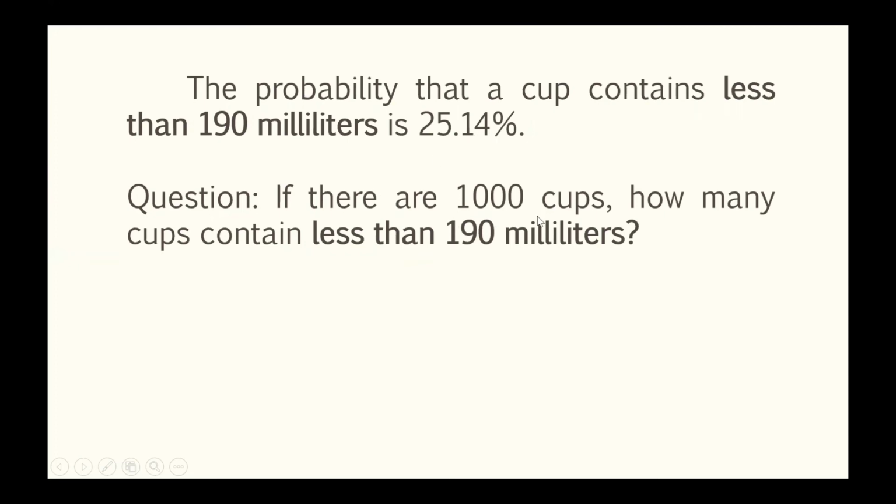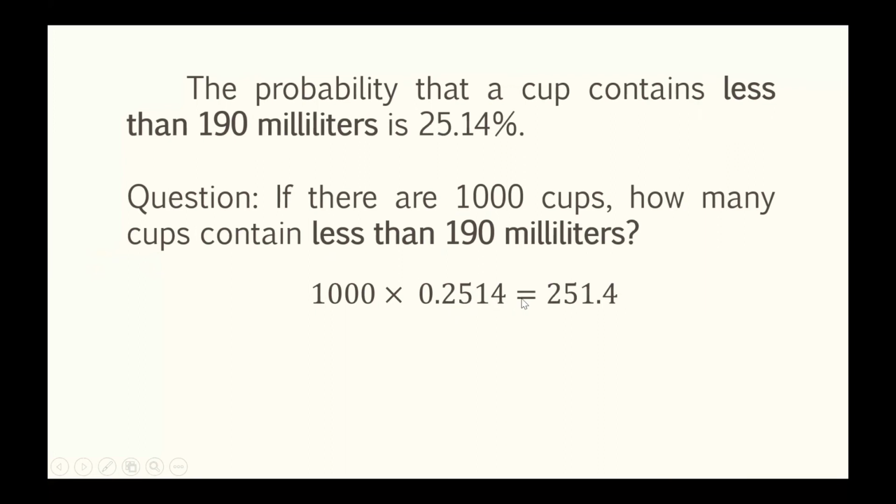If your question is how many cups, yung 25.14% sa 1,000, less than 190 milliliters, so all you have to do is to multiply 1,000 by the decimal form of 25.14%, that is 0.2514.